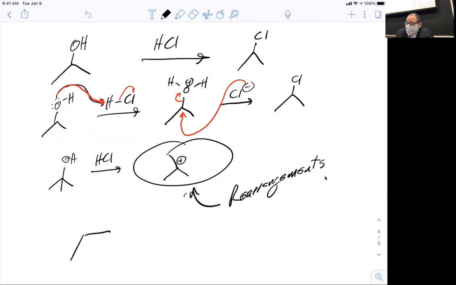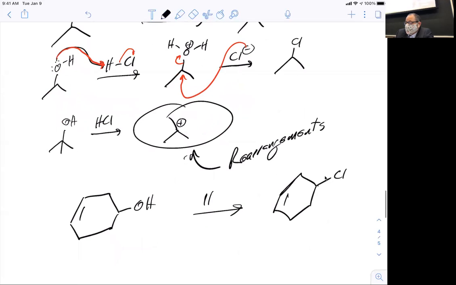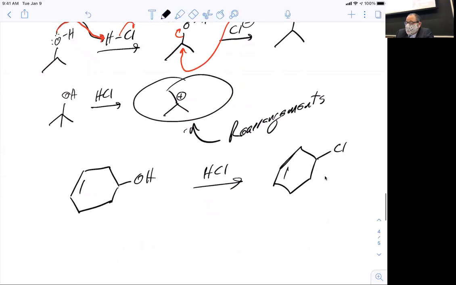So let's say that we wanted to convert this alcohol to this chloride without moving a double bond, right? If we just use the simple HCl, we're not going to end up with this product. We're going to end up with these two products.